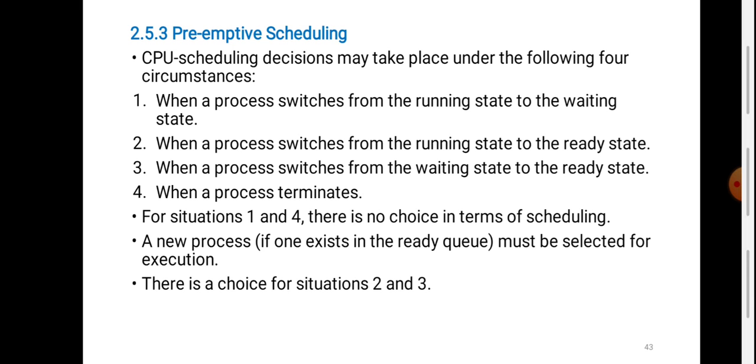There is no choice there, but there is a choice for situations 2 and 3. So we have choices for situations 2 and 3, but for the first and fourth situations we don't have any choices.